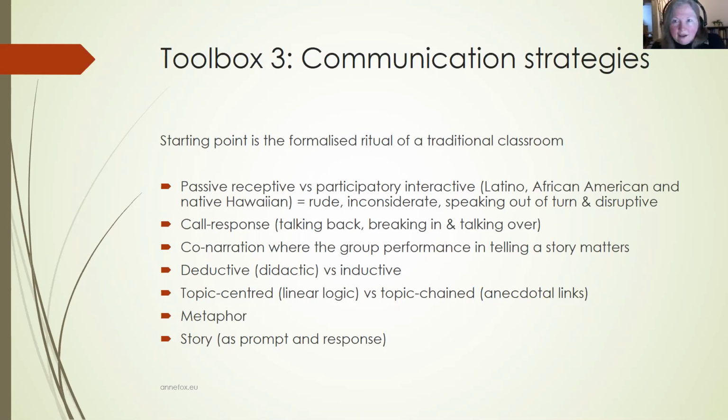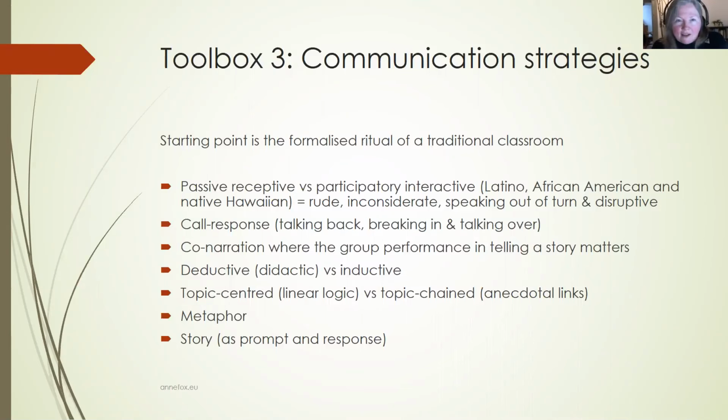And there they highlight specifically that Latino and African American and Native Hawaiian students would be tending very much more to the participatory, interactive form of communication. But that, of course, can be interpreted as rude, inconsiderate, because you're speaking over other people, speaking out of turn, and disruptive.